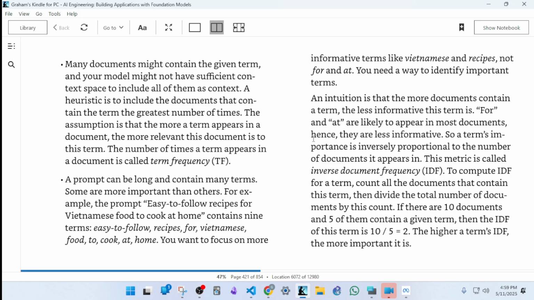But words like canola oil will be in the cooking document, and words like habeas corpus will be in the law document. So it makes sense to focus less on those words that are frequent across each document and focus more on the words that are only found in certain documents but not in others.